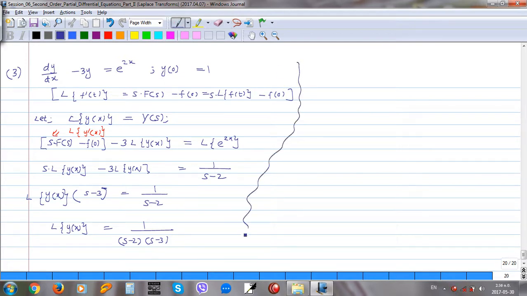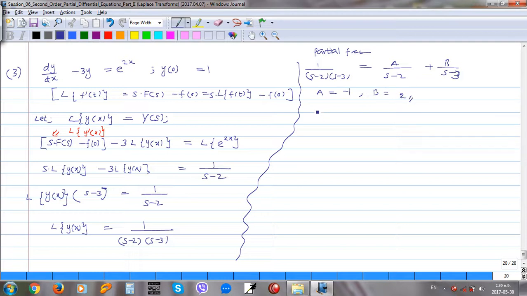Now if it comes this way, we have to find the partial fractions. I can write 1 over s minus 2 times s minus 3 as a over s minus 2 plus b over s minus 3. Then you can solve this and find a equals minus 1 and b equals plus 2.